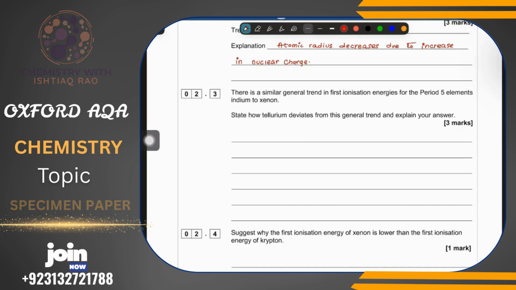Less energy would be required to remove that electron compared to a stable species, because stable means it doesn't want to lose its electron. It's already stable, half filled or fully filled. So if you want to remove that electron, more energy would be required. That's the difference between the more stable and the less stable. Okay, got it.